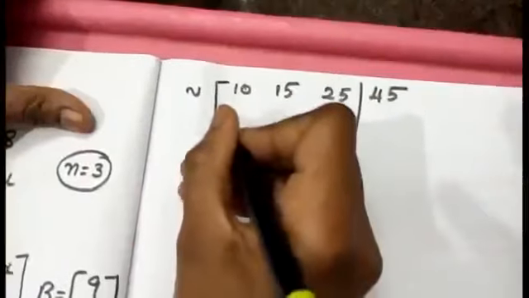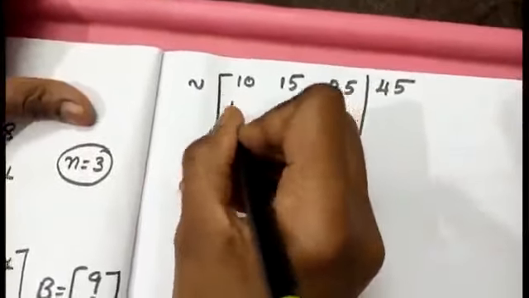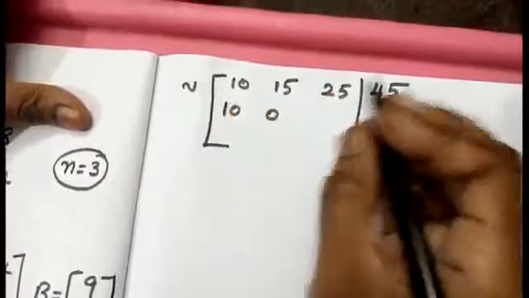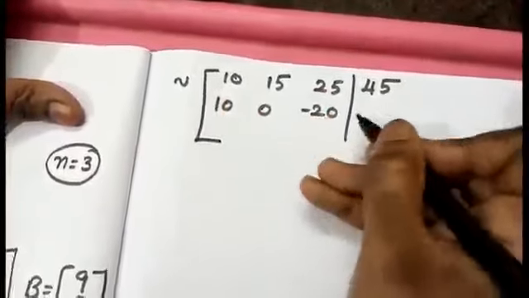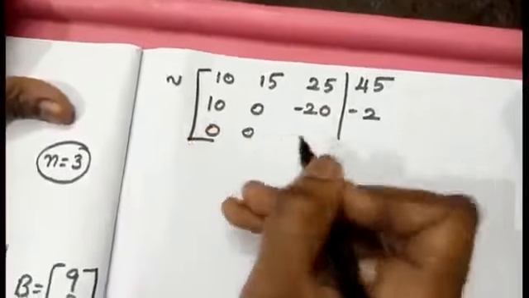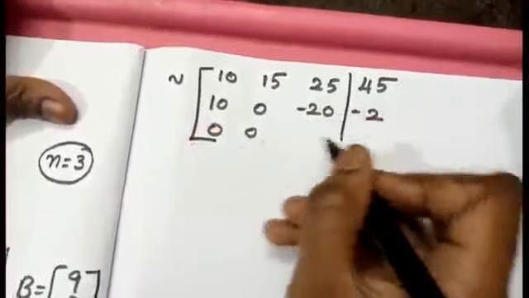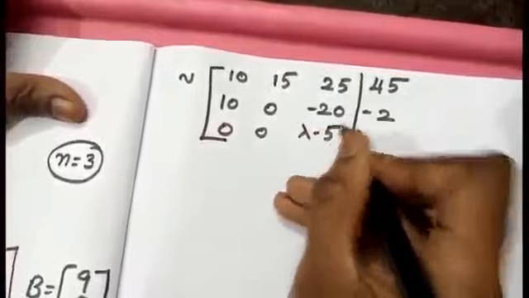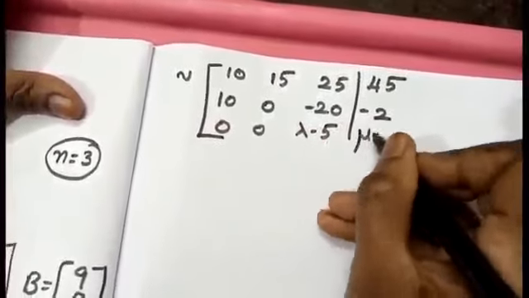If I multiply R2 by 2, I will get 10, 0, minus 20, minus 2. The third row I am going to write as it is, 0, 0, lambda minus 5, nu minus 9.